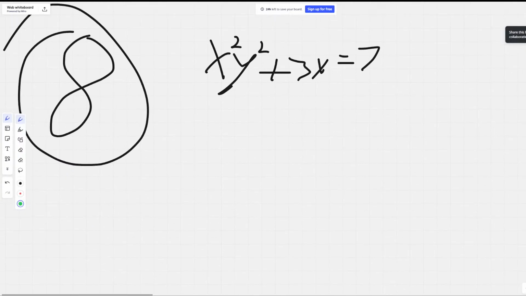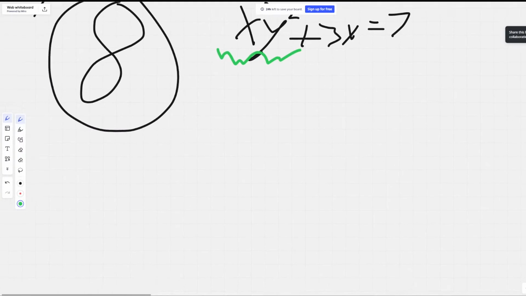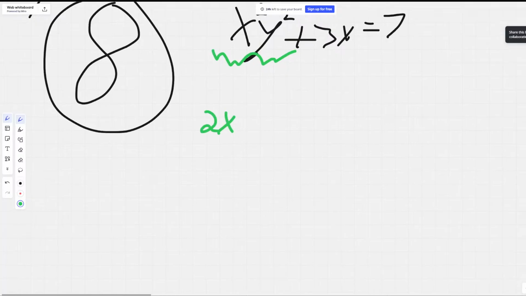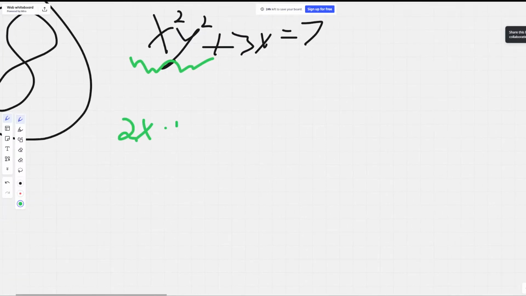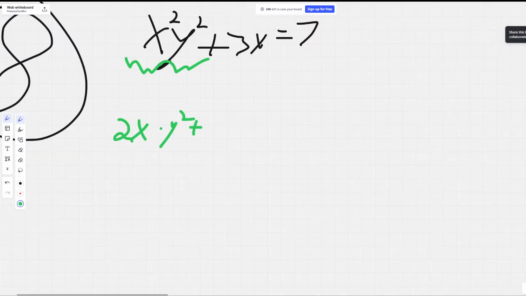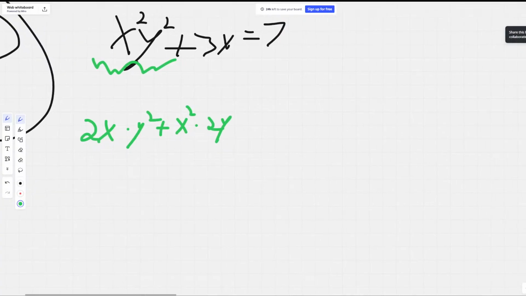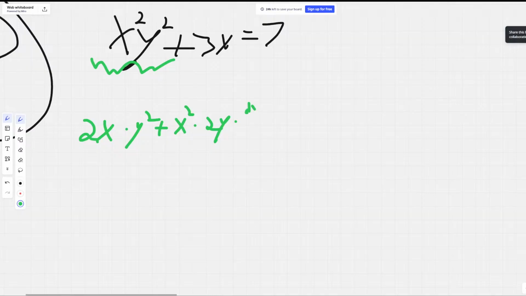Well, we'll start with piece 1. Squared plus x squared 2y, 2y, x dy.